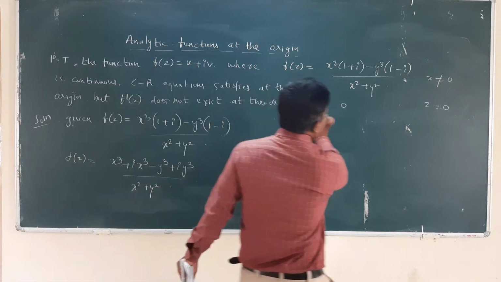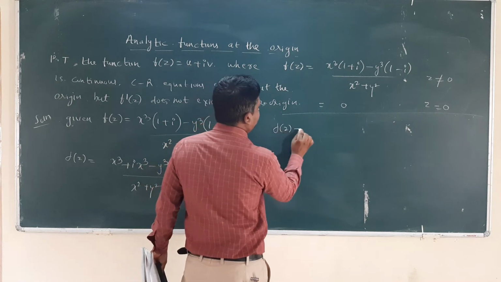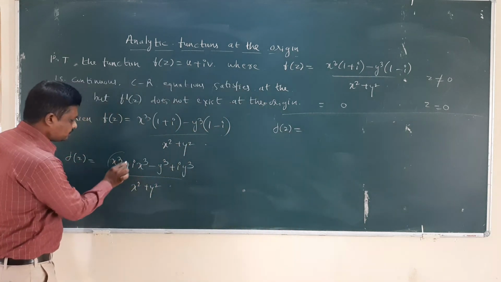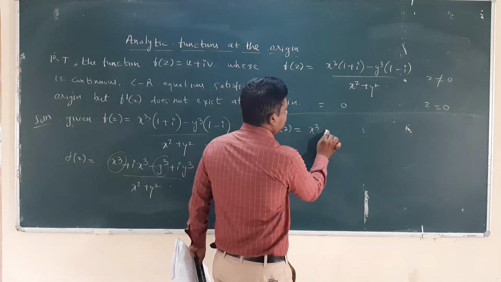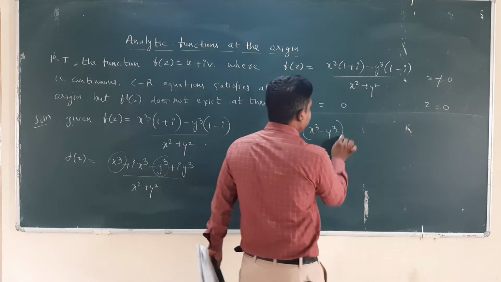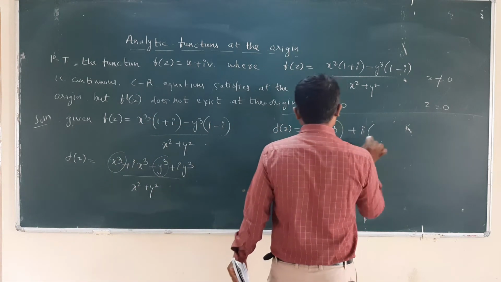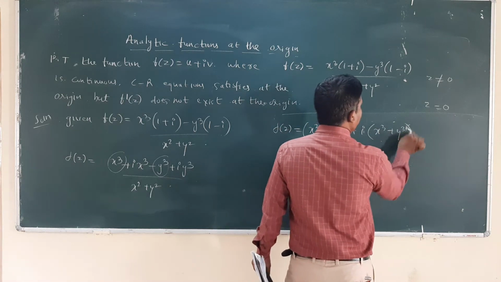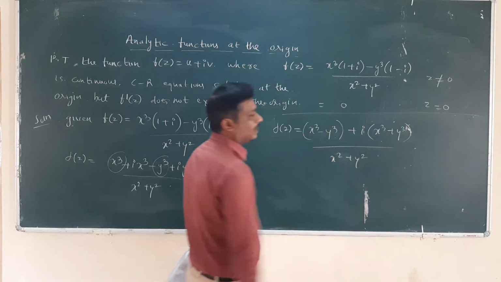So f of z is equal to x cube minus y cube as the real part, plus i, taking i as common, the remaining is x cube plus y cube divided by x square plus y square.